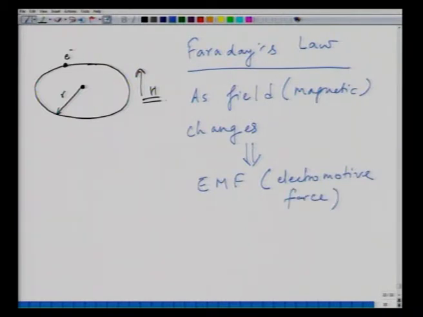This electric field is tangential to this orbit. So, let us say the electric field E is given as minus of dB by dt.